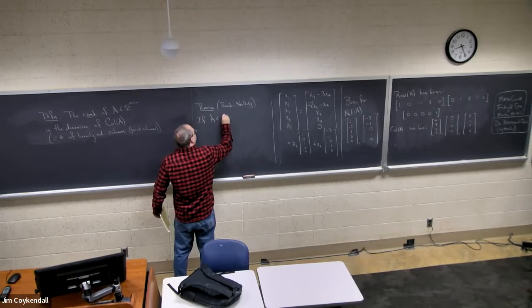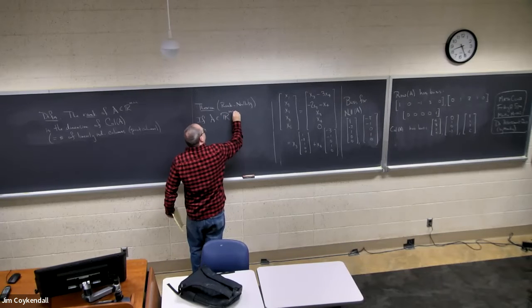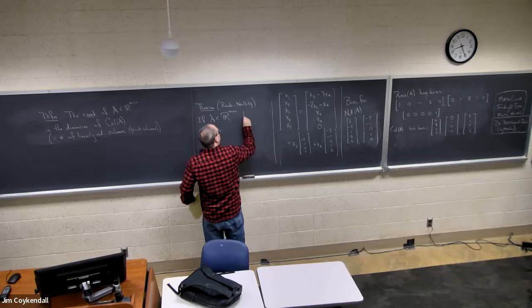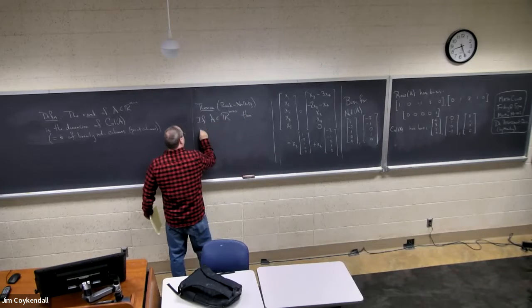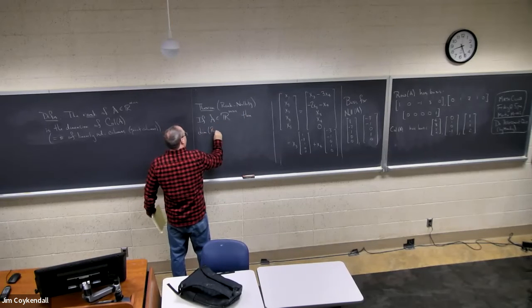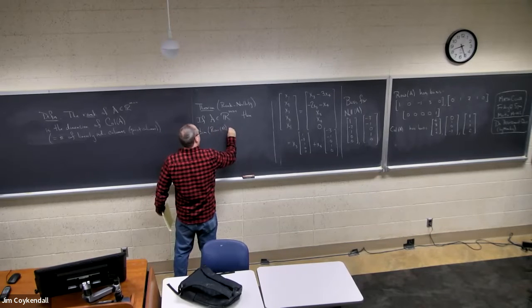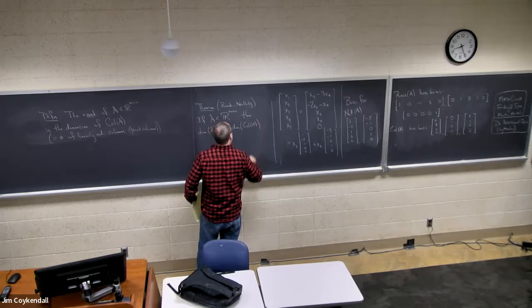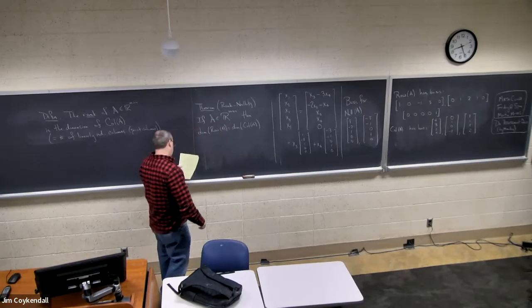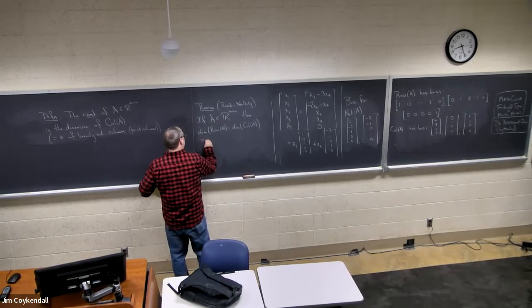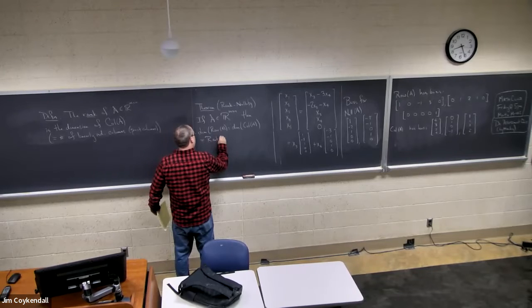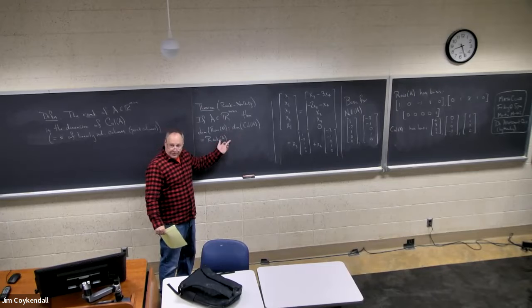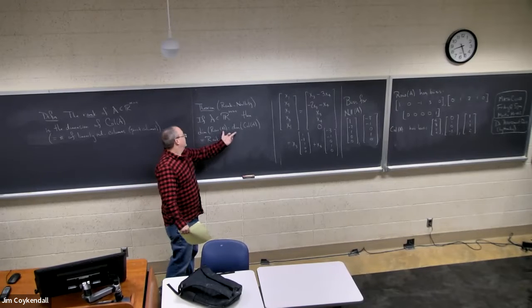A is an n by n matrix. Then the dimension of the row space of A equals the dimension of the column space of A. Of course, the dimension of the column space of A is defined to be the rank of A. This is the theorem part.